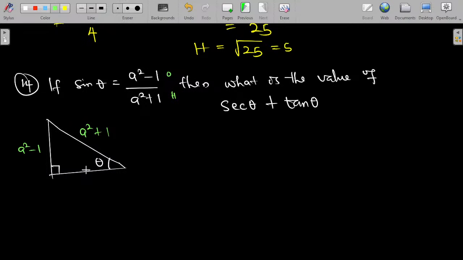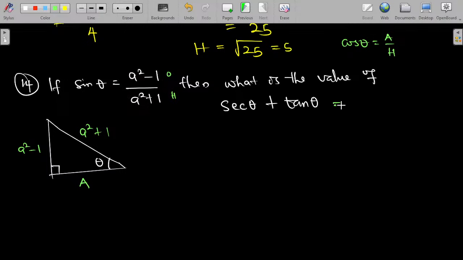So we need to get the adjacent. And immediately if we get the adjacent, remember I said that sec is 1 over cos. And you know that cos theta is adjacent over hypotenuse. So that means sec is going to be hypotenuse over adjacent. Okay, let me write it in front.